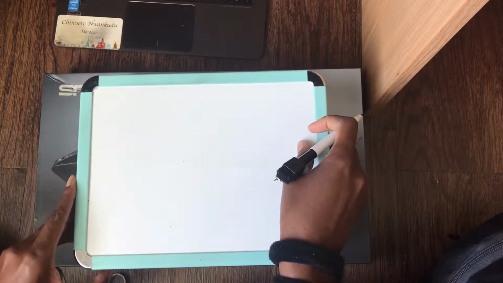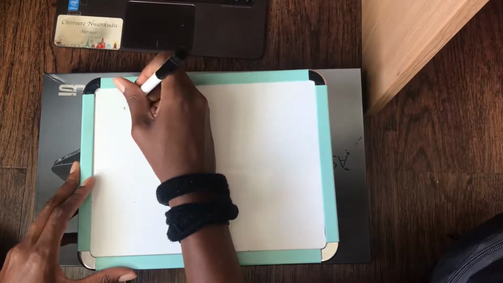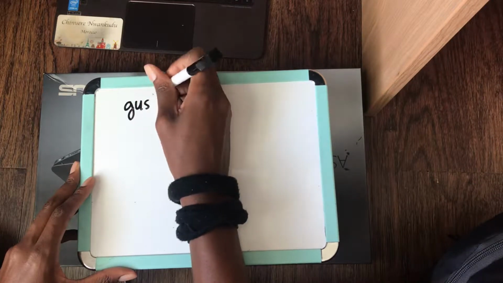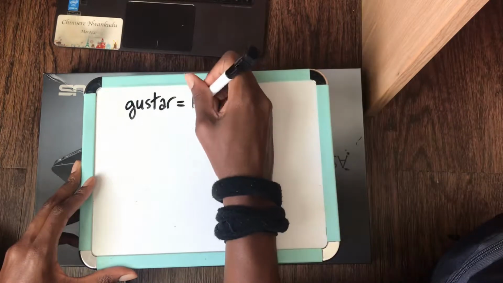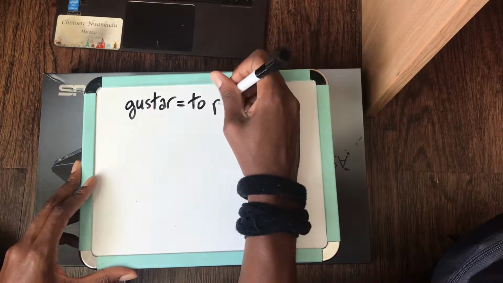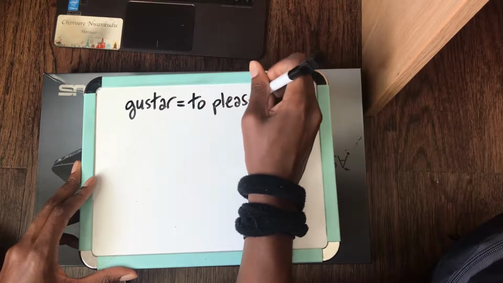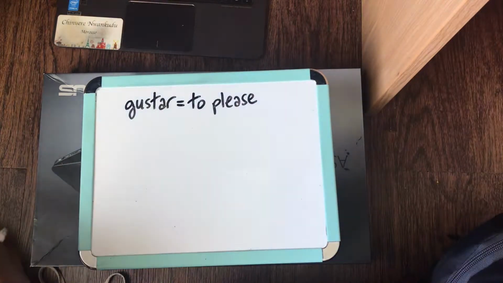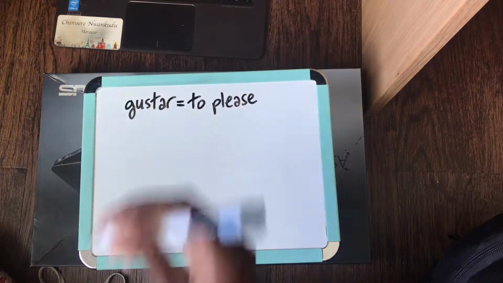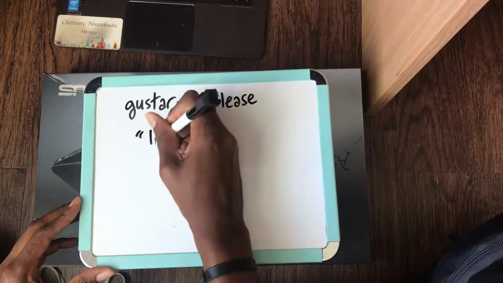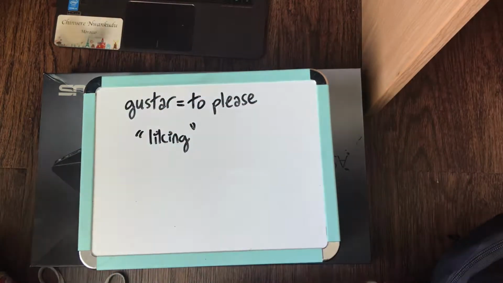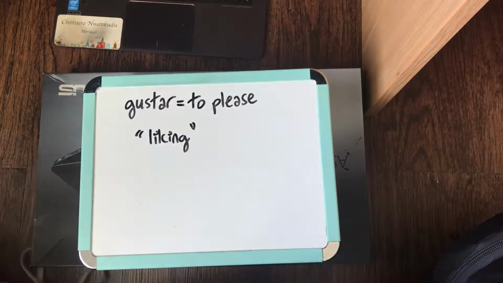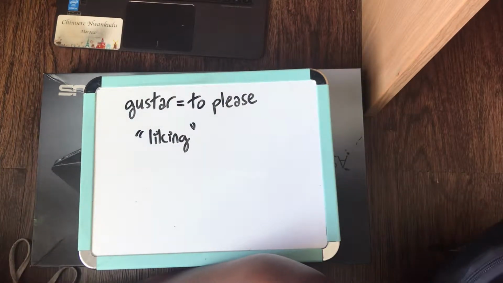So let's start by saying gustar is the Spanish verb for to please. In English we have this concept of liking that does not exist in Spanish. Let me get my other markers out, even though they're too big for this work.